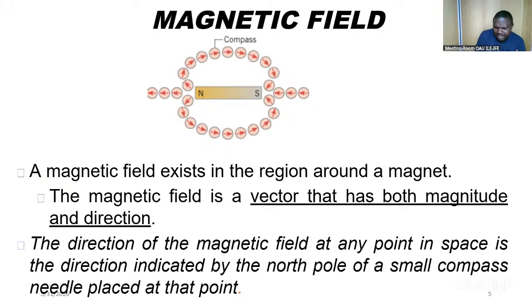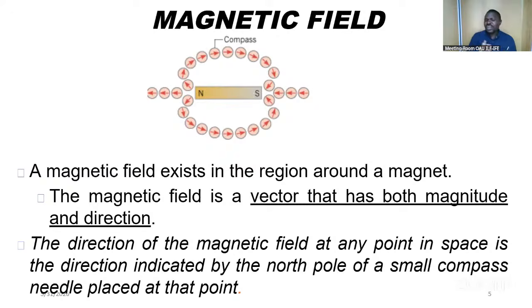That means you have reached the region of magnetic field. Am I communicating? When the knife is saying, I want to go closer, you are actually at the region where a magnetic field exists.